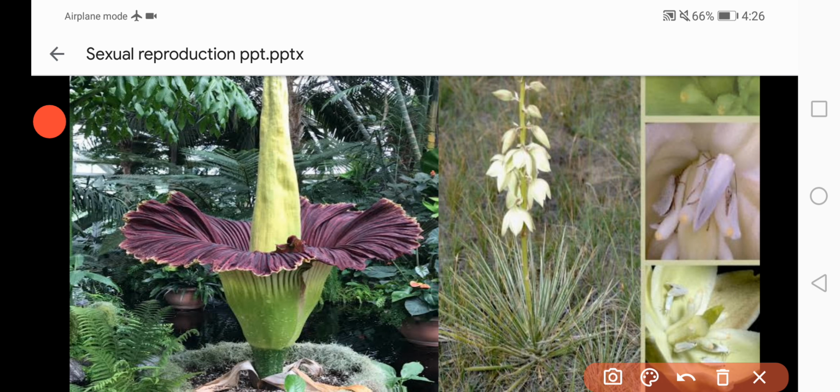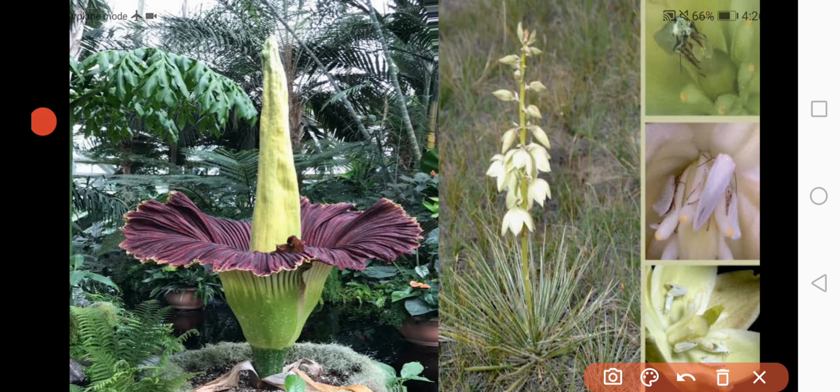This is the picture of the Amorphophallus flower, which is about 6 feet in height, and this is the relationship between the moth and the yucca plant, where the moth deposits its egg in the locule of the ovary, and the flower in turn gets pollinated by the moth. So this is the yucca plant.